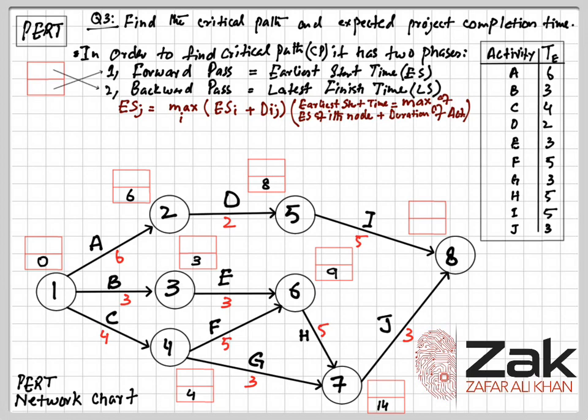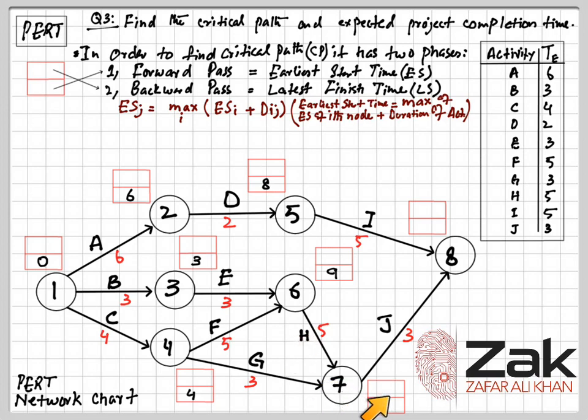Afterwards, over here this case is same. If we are taking H, then it is 9 plus 5, 14, and if we are taking G, then 4 plus 3, 8. So maximum is the earliest start time for H, 9, plus the duration of H, 5, 14.